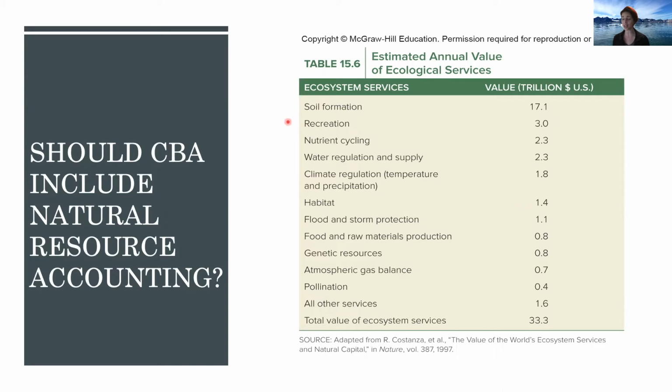So here's how the $33.3 trillion value was achieved. Here we have everything from soil formation to nutrient cycling, habitats, pollination, atmospheric gas balance. All of that combined comes to 33.3 trillion US dollars.